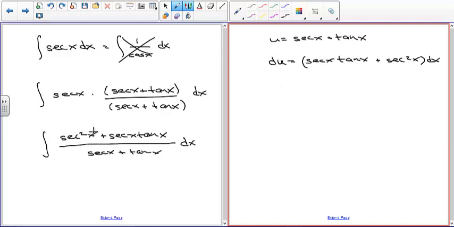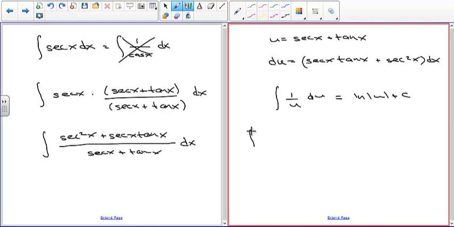So secant squared x plus secant x tangent x, times dx, is du, and the denominator is u. With those two substitutions, I'll get 1 over u du. The integral of 1 over u du is the natural log of the absolute value of u plus c. And then I plug it back in.